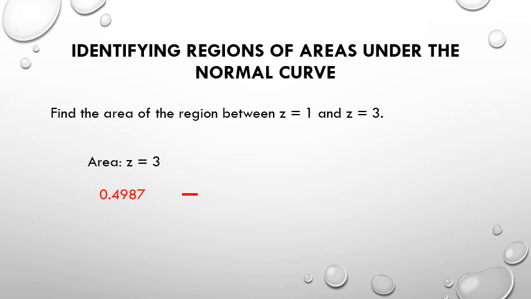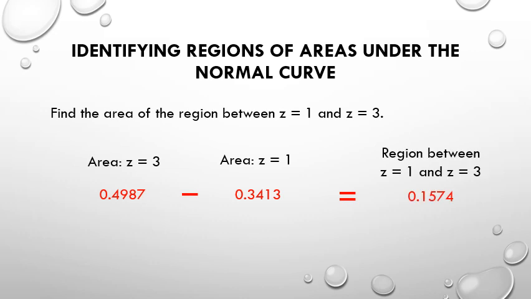So, minusan nato sa area sa z equals 1, which is 0.3413. Equals, you have there the region between z equals 1 and z equals 3. So, ang answer, katong i-subtract na ang duha ka area, the answer is 0.1574. Okay? So, mao na siya ang answer.